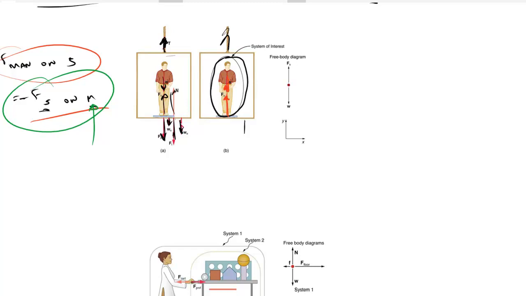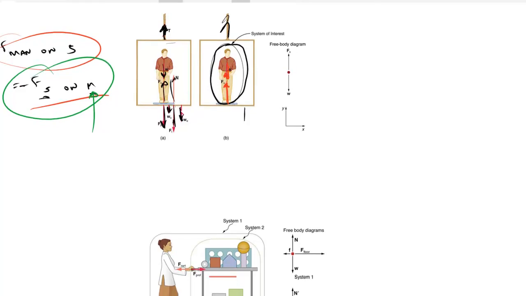So when we make a free body diagram, we represent this man as a dot, and we have the forces acting down. There's a weight. We are on Earth, and so he has a weight here equal to his mass times the acceleration of gravity, mg, and there's the force of the scale going up like this, right?